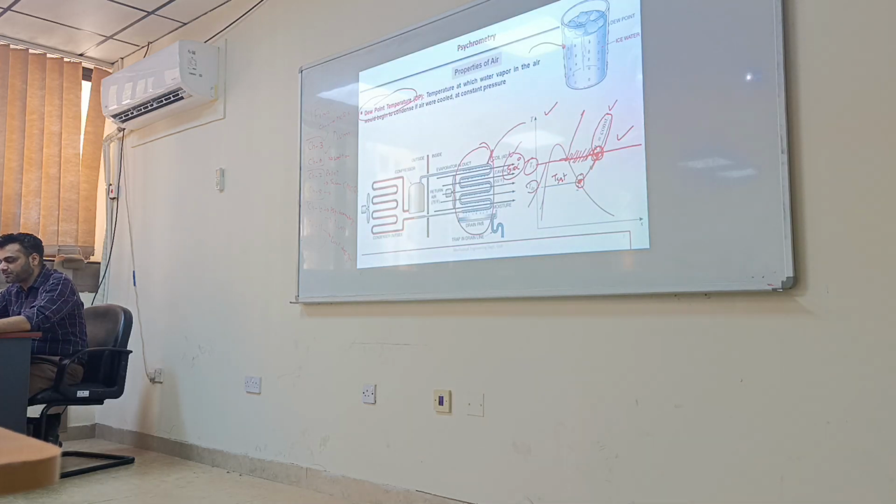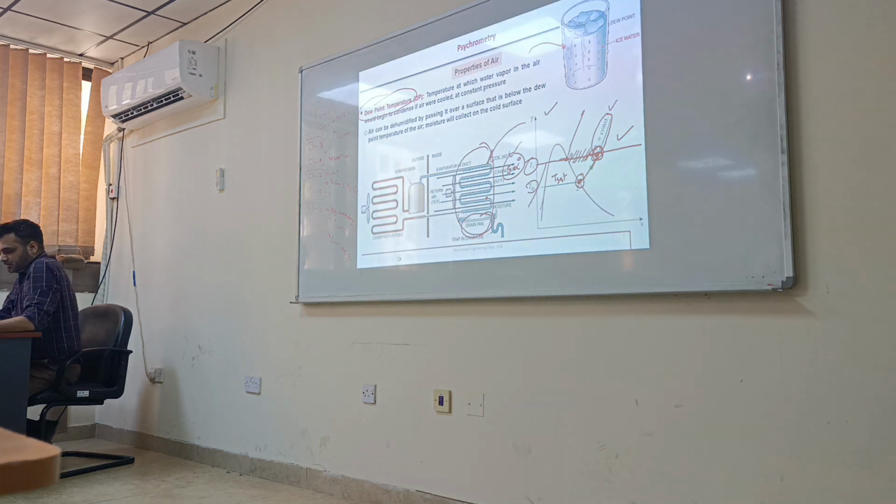Okay, so that's what we see. That's why water is condensing out, because this temperature is less than or equal to the dew point temperature of water vapor in that air. Okay, that is clear, hopefully.